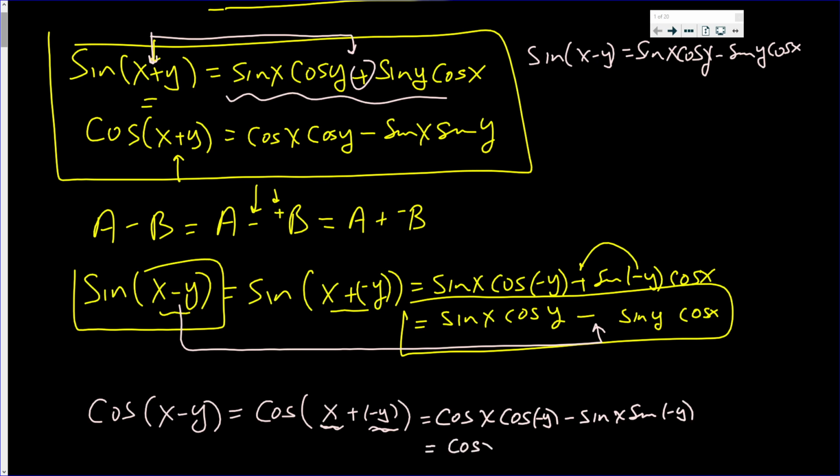Well, cosine x doesn't change, and cosine of negative y is just cosine y, minus the sine of x doesn't change, but the sine of negative y is negative the sine of y.